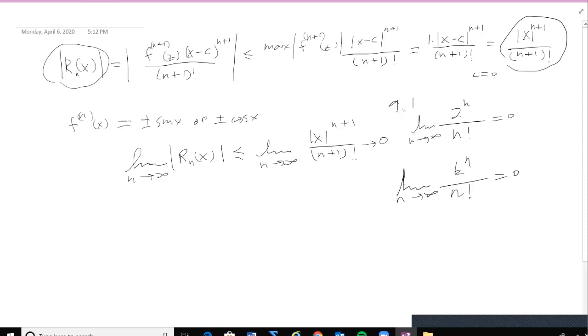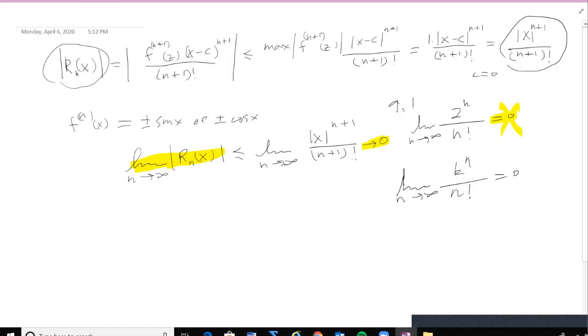So we have enough values of n big enough to force this to 0. Okay, so we've shown this thing does head to 0, which means that the series we found for the cosine does converge to the cosine.